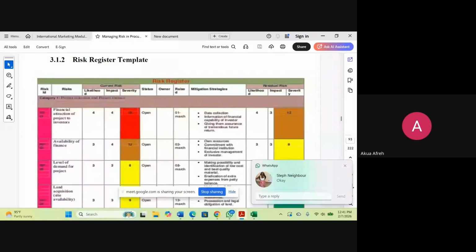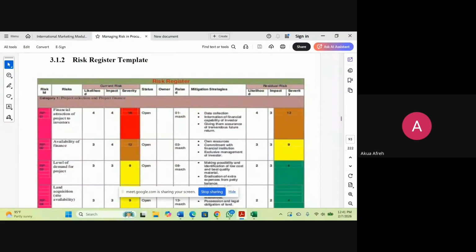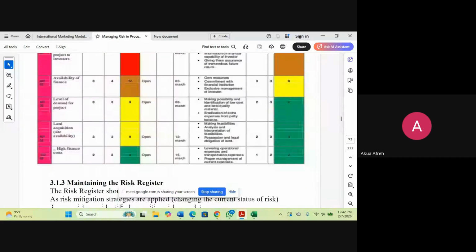So if it's George, you write his name there. If it's Benjamin, you write his name there. Then the mitigation strategies also come in. So the ones in red, you could see that it will be under the D category in the risk matrix that we talked about last week. High impact, high probability. So critical attention needs to be given to that.